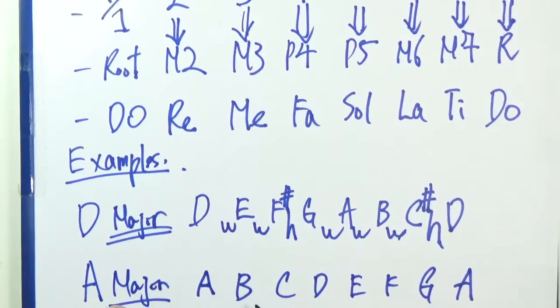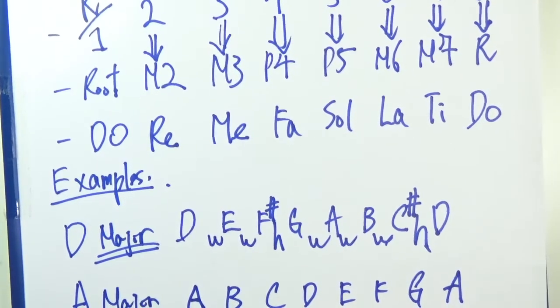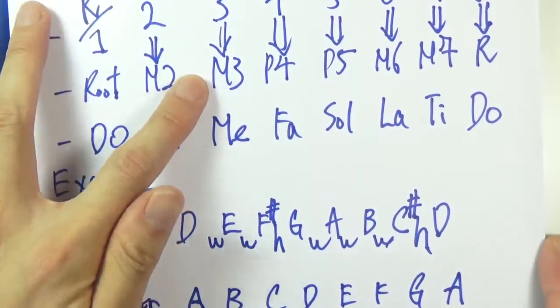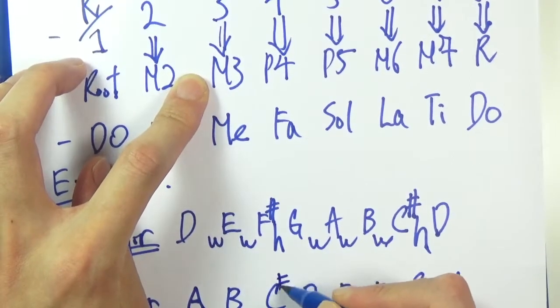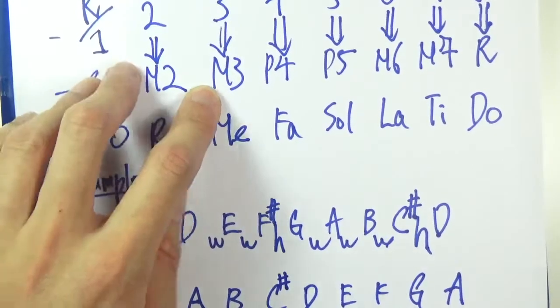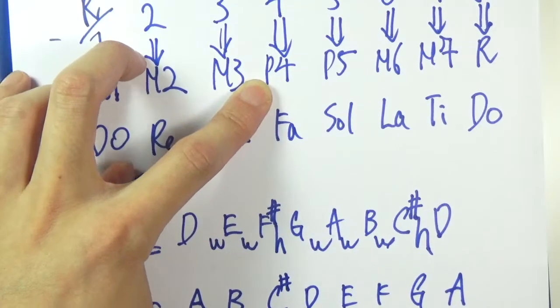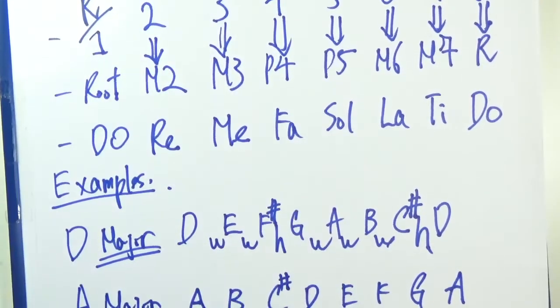The B, the second note, needs to be a major second, so we're good. A C should be a major third if we want this to be a major scale, so I would need to raise C to C sharp, right? D is already a perfect fourth. E is already a perfect fifth.